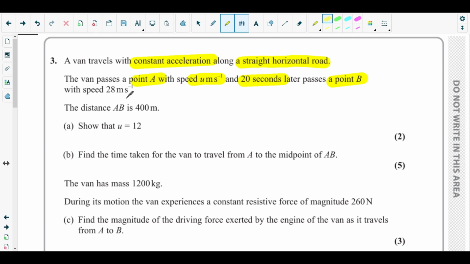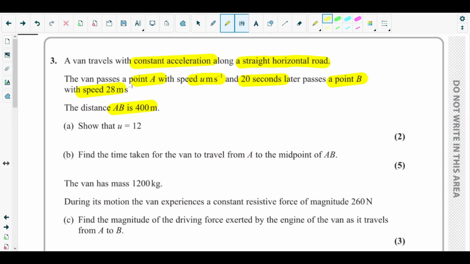The speed at point B is also given, and the distance AB is also given. The distance between the two points A and B is 400 meters. So this is basically the introduction to this question.